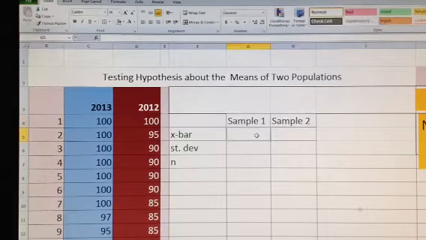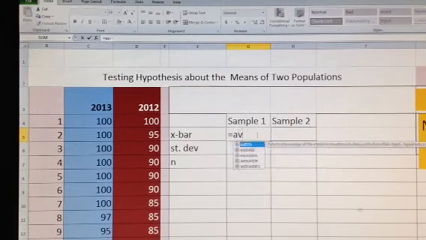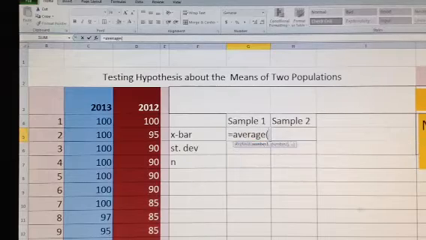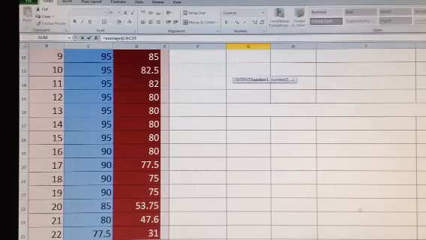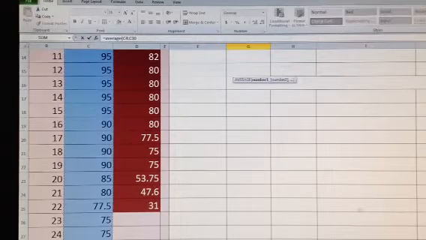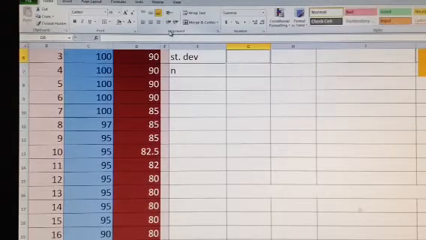Okay, so for sample 1, X bar is equal to the average of the range where my values are recorded. I have 27 data values from C4 to C30, enter.